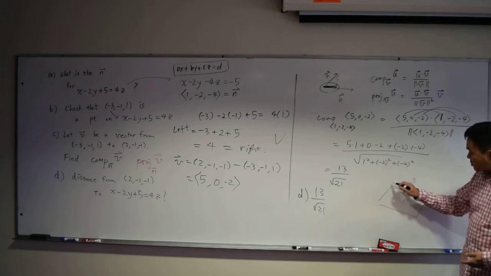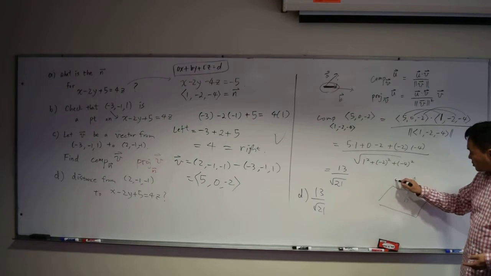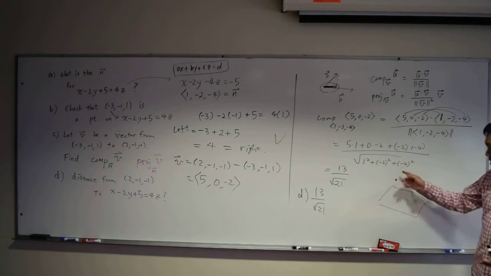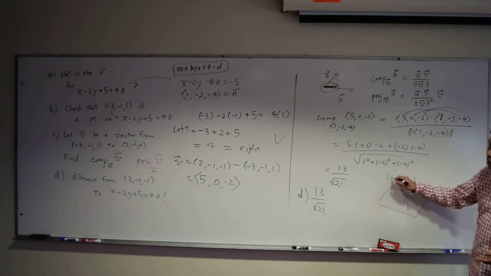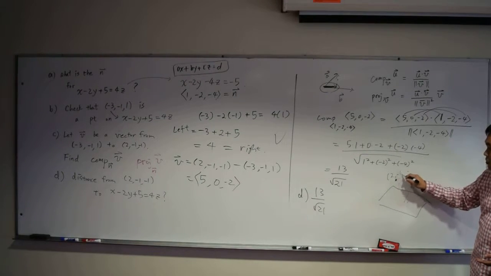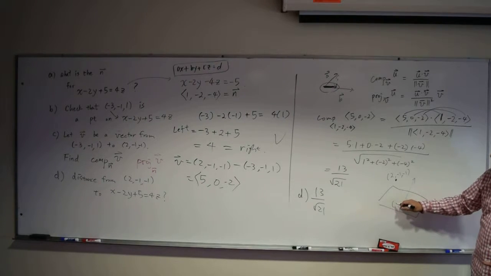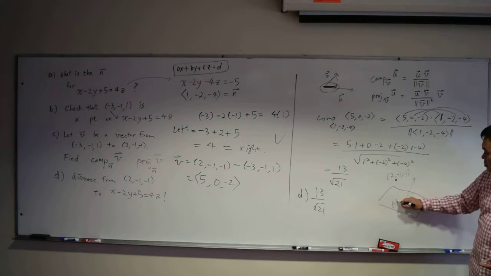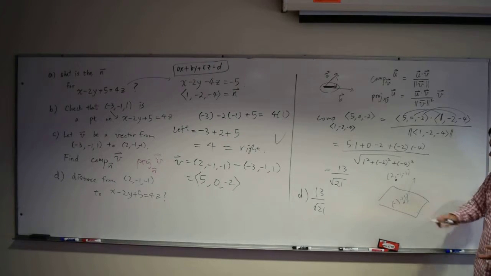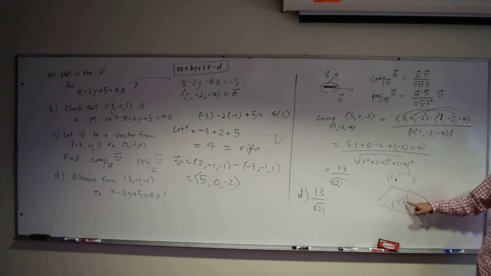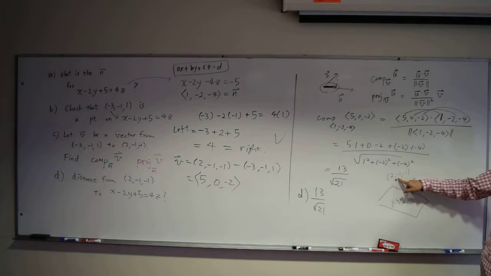And here is some point that's outside the plane, which we call (2, negative 1, negative 1). And let's say this point is (negative 3, negative 1, 1). So you're given these 2 points, one on the plane, another outside the plane.